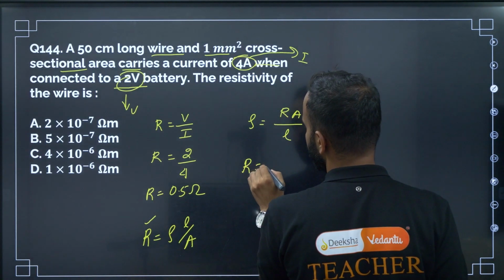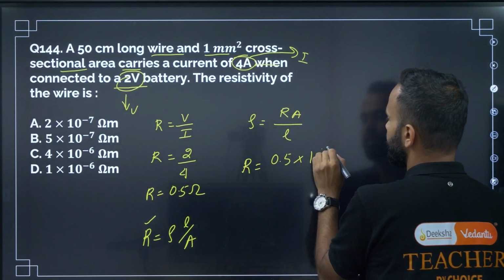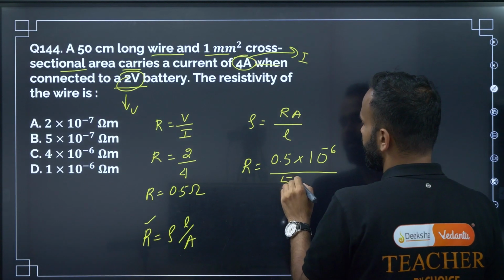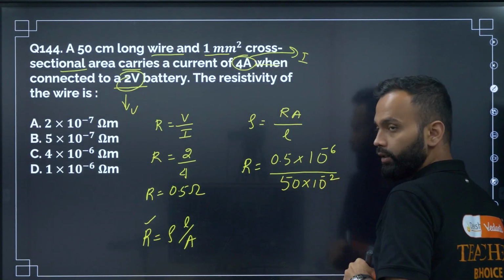So now substitute the values. R is 0.5, A is 1 millimeter square, that is 10 to the power minus 6 meter squared, divided by L, that is 50 centimeter, 50 into 10 to the power minus 2.